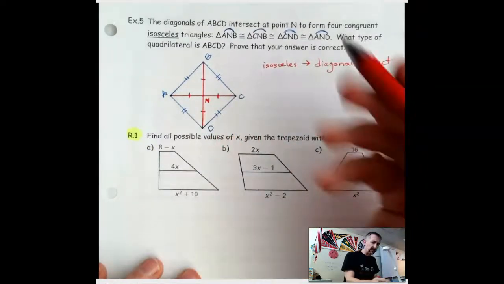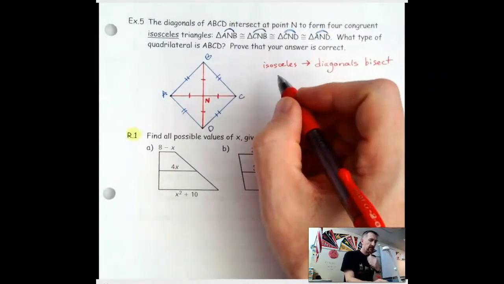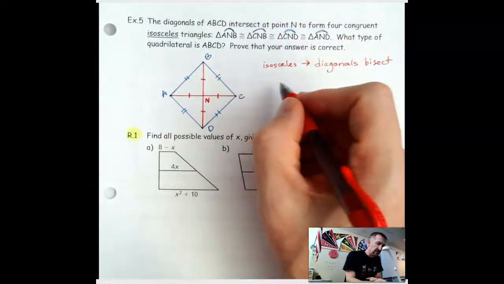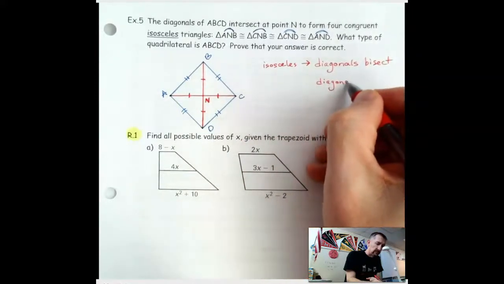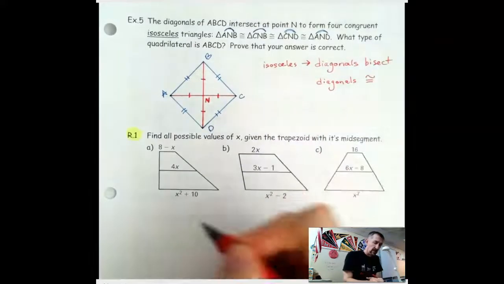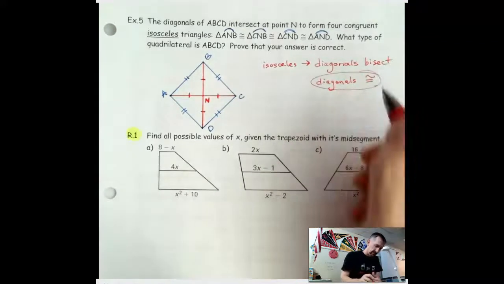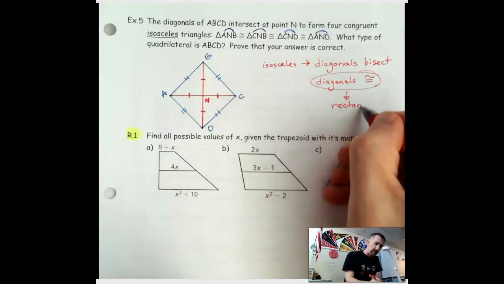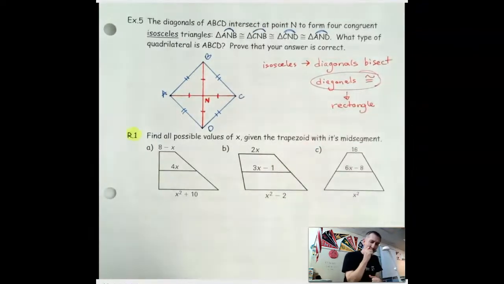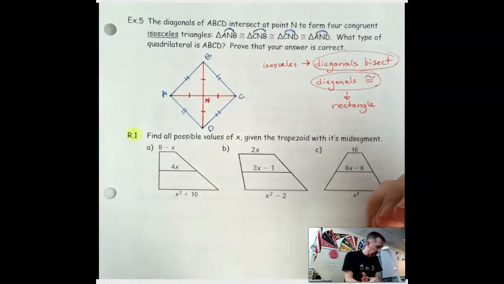And we can see from that the diagonals are going to be congruent also. So if the diagonals are congruent, that means it's a rectangle. The diagonals bisect each other. That means it's a parallelogram.